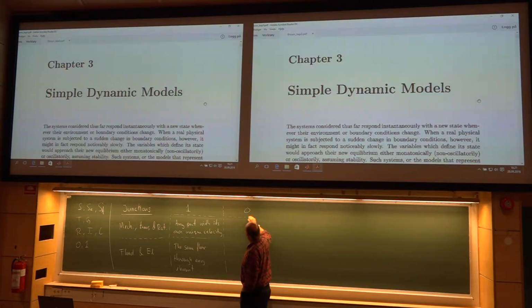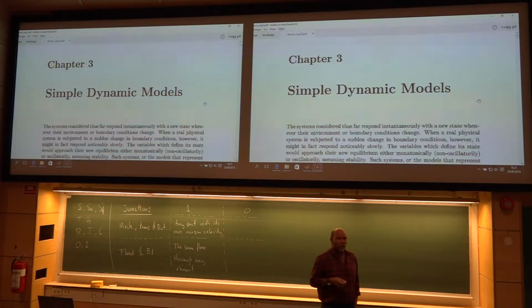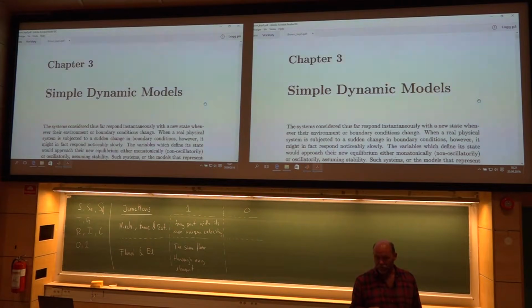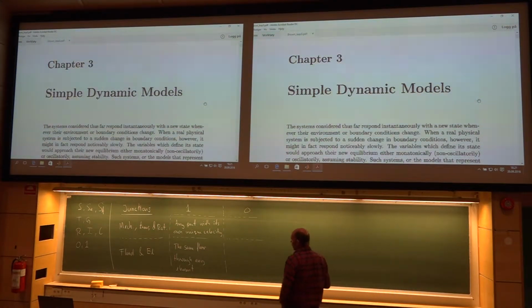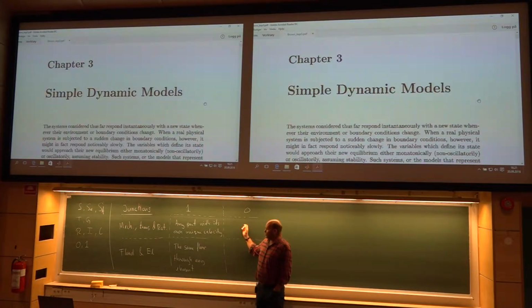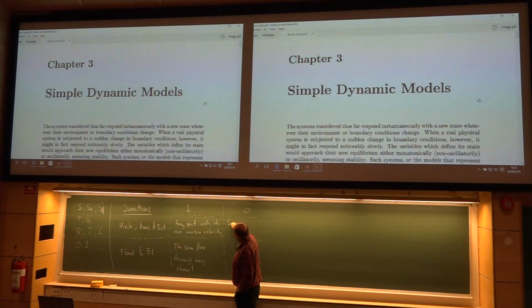Zero. How should we think in terms of zero junctions when it comes to mechanics? You use a zero junction when you have the same force on each side of the element.